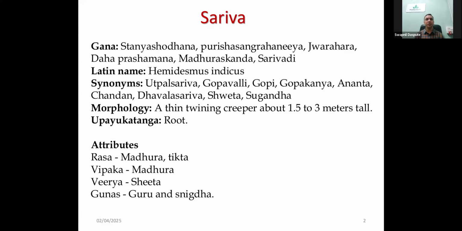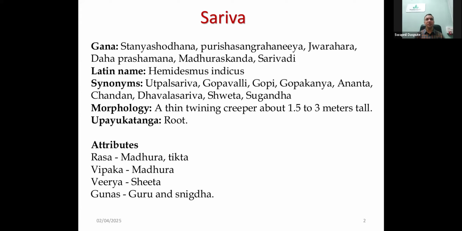Daha prashamana, it will reduce the burning sensation. Madhura skanda, so again a group of herbs which have madhura rasa or madhura vipaka. Majorly madhura rasa will come in madhura skanda. Sarivadi, so there is a gana which is named after Sariva and has other herbs which have similar properties.